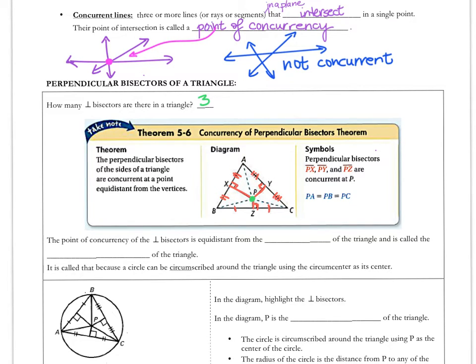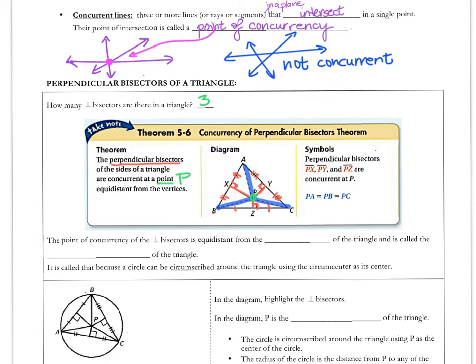The perpendicular bisectors are the red segments, and they're concurrent at a point which is labeled P in the diagram. So the conclusion here is that the distance from P to A, P to B, and P to C are all the same.